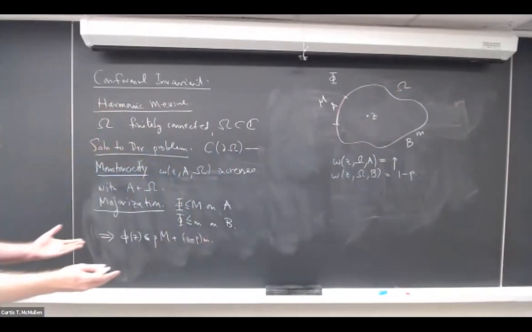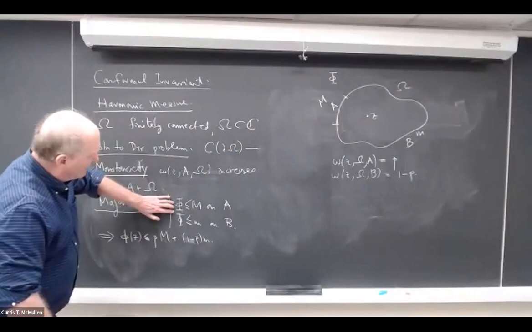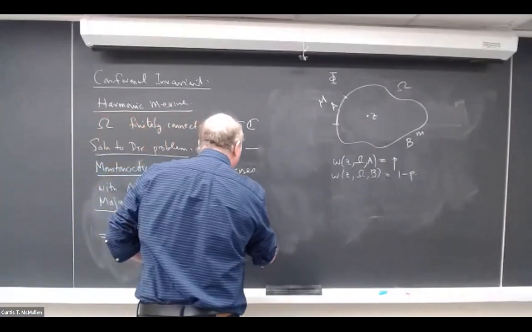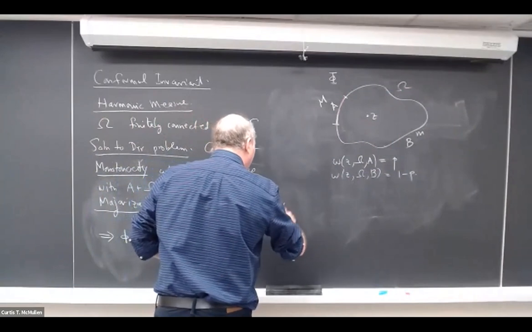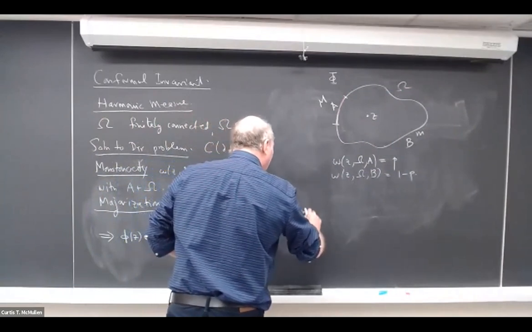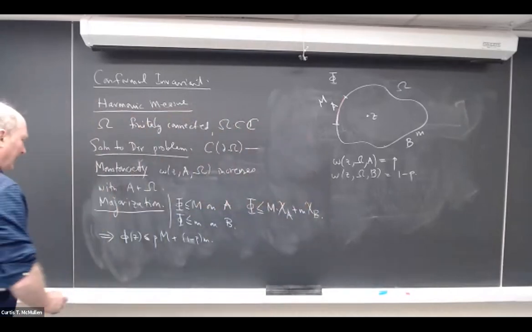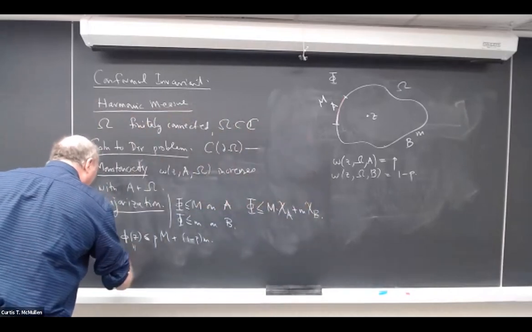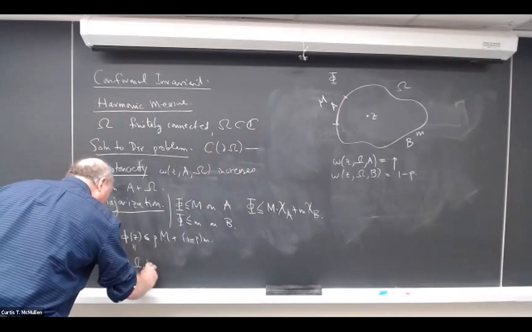Now, why, for example, is this true? It's very simple. We can sum this statement up by saying phi is less than or equal to big M times the indicator function of A plus little m times the indicator function of B. And so what is phi of z? It's omega_z of capital Phi.